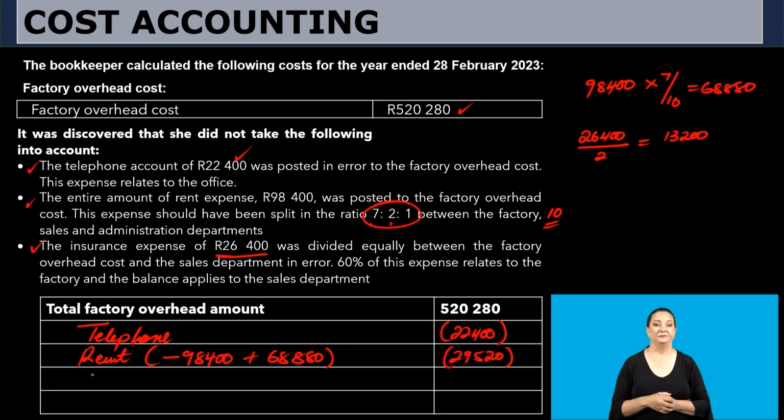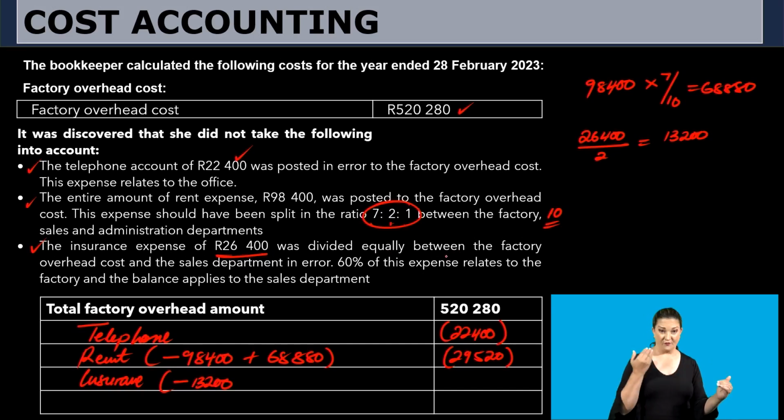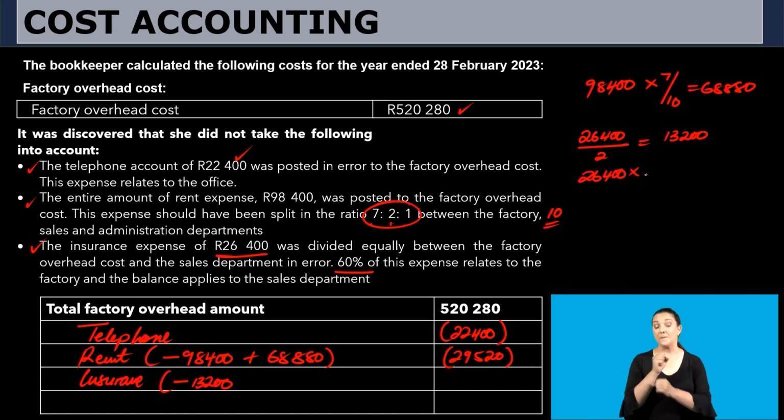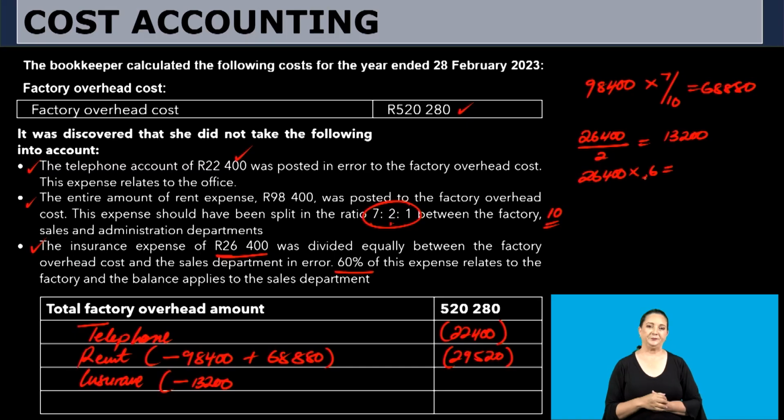So I would say insurance, open bracket, I'm going to subtract 13,200 because that is what was recorded in the factory overheads. Yet 60% of this expense relates to the factory. So it should have been 26,400 multiplied by 60%.